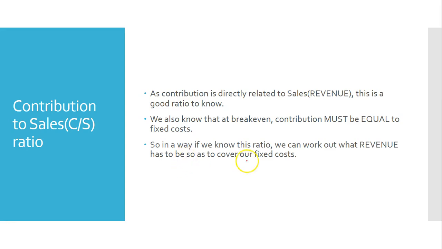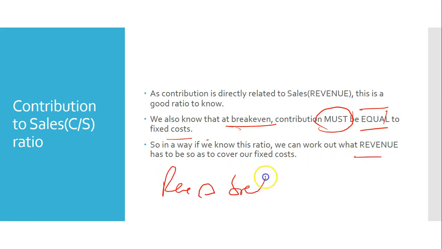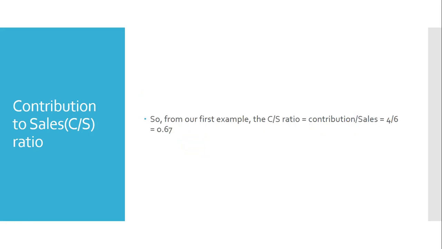I sort of re-echo what I'm saying here. We know that a break-even contribution must be, I say must be as though I'm saying something new, equal to fixed costs. So we can work out revenue at break-even, and if we can work out revenue at break-even, we can go from there, whatever the selling price. So in this example from the previous video, contribution is 4 over 6.